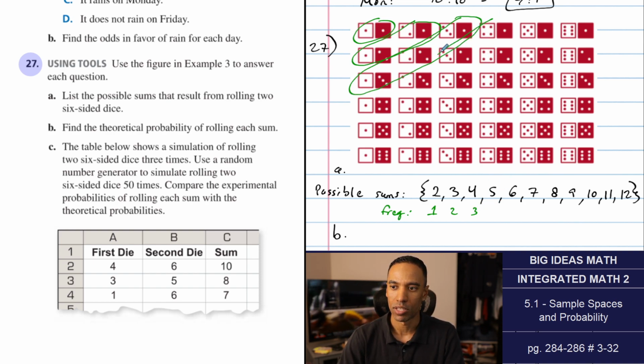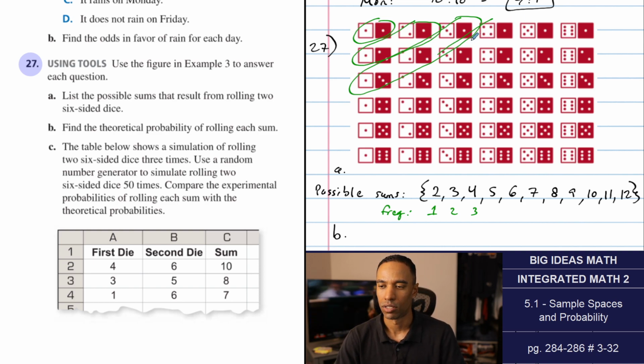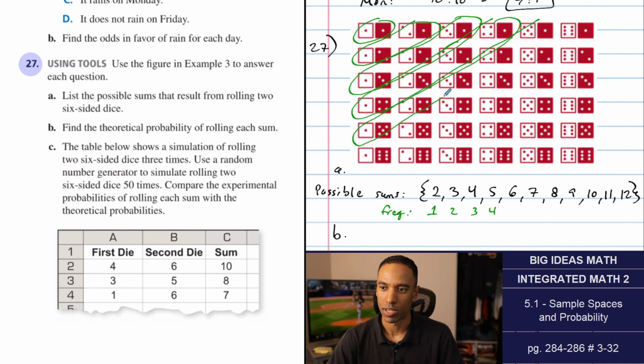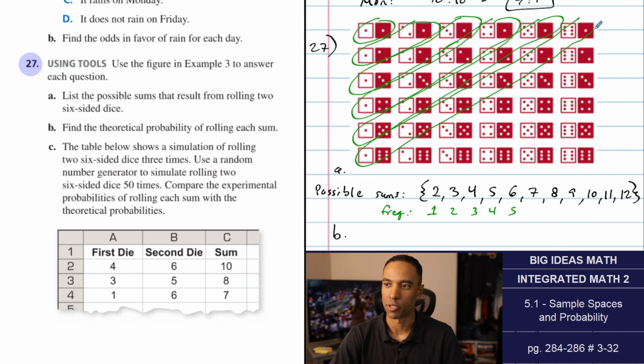And then 4 different ways to get 5. Sorry, I'm leaking over on some of these here. 5 different ways to get 6. Getting 7 is right here. So it's really cool how it goes across, and you're going to notice symmetry going the rest of the way.